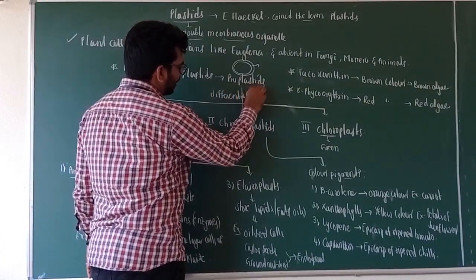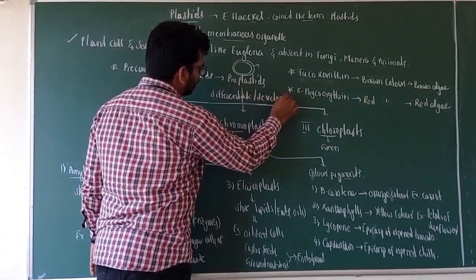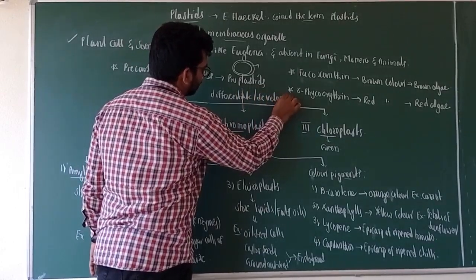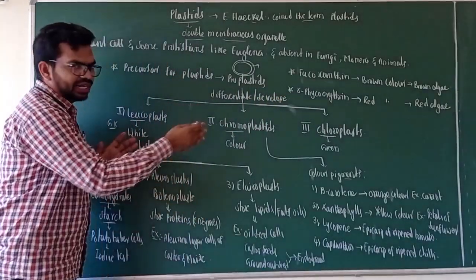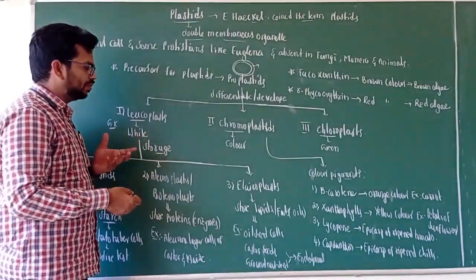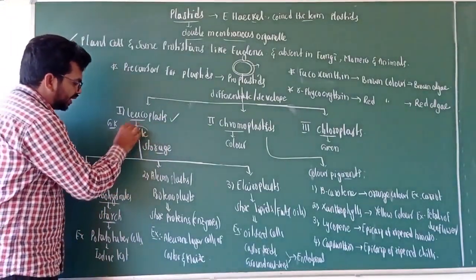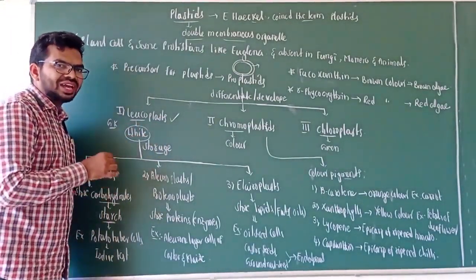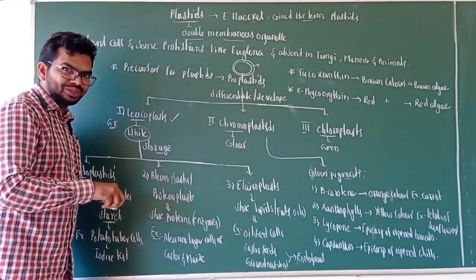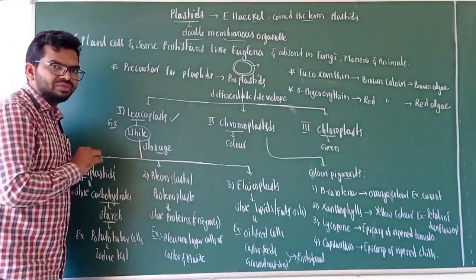or develop into different categories based on the structural modification that happens inside. Leucoplasts are the plastids which are white in color. Why? Because they do not have any color pigment. Those are present exclusively inside the tissues of plant parts. That's why they are white in color.